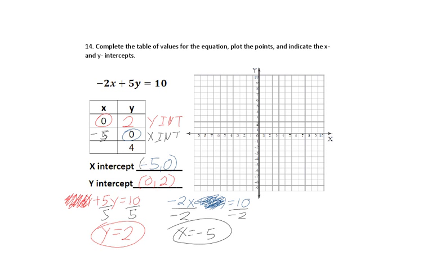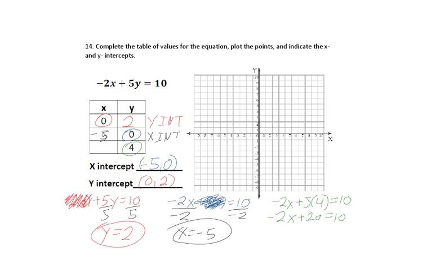Okay, and then finally under y there's a 4. So let's replace y with 4 and see what happens. So you get negative 2x plus 5 times 4 equals 10. 5 times 4 is equal to 20.